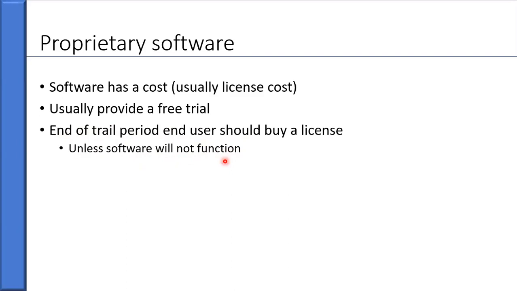Or it might be a web application. You can go through a different way, but the trial period means your trial time period is finished. Now, I especially want to emphasize here, if you are purchasing proprietary software, you should have sufficient time for the free trial.